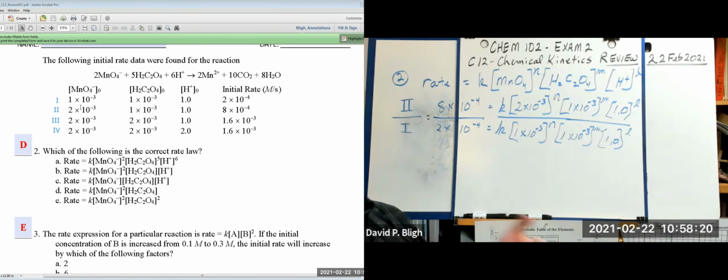Okay, number 7. Let's see, how much space am I going to need for this thing? It's going to take some doing. Let me just start over here on the left then.